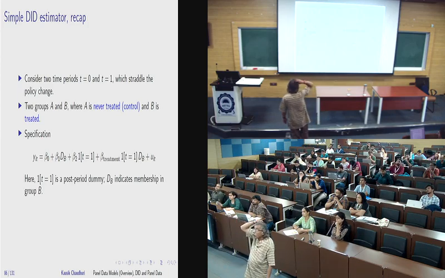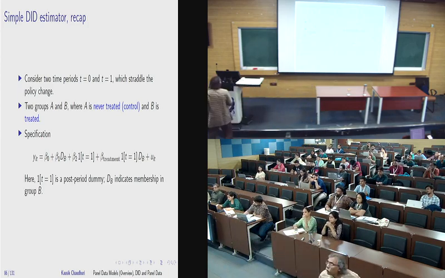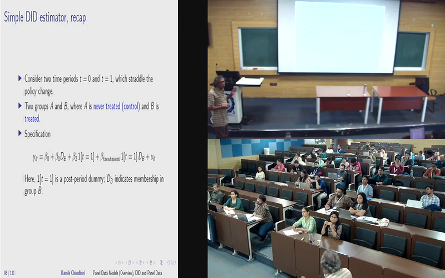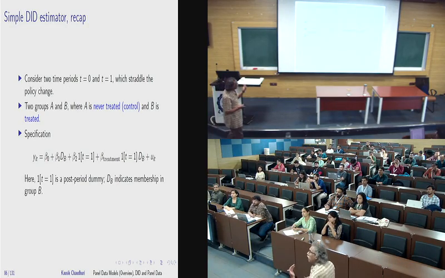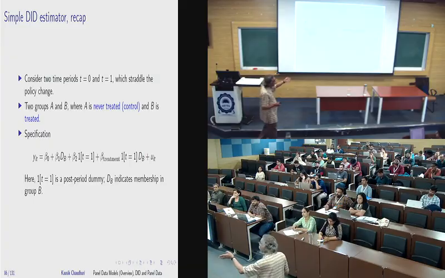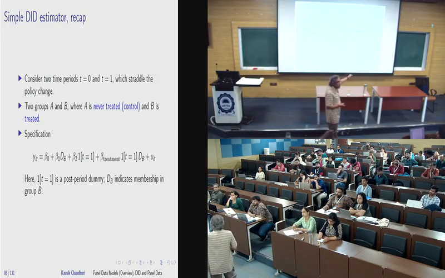Consider now what we did before, that we have 2 time periods, t equal to 0 and t equal to 1, and I think of t equal to 1 as the one where the policy change took place. There are 2 groups of people: A, never treated, my control, and B, the treated. I did a specification like y it equals beta 0 plus beta 1 dB, meaning I am in the treated unit, plus beta 2 times the post dummy, plus my interaction term.